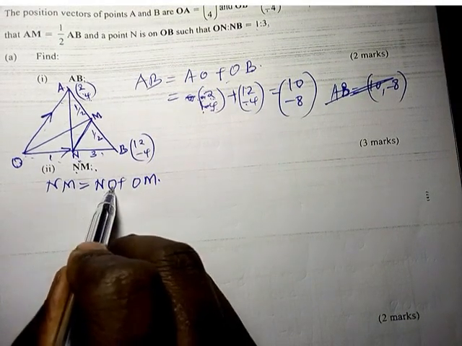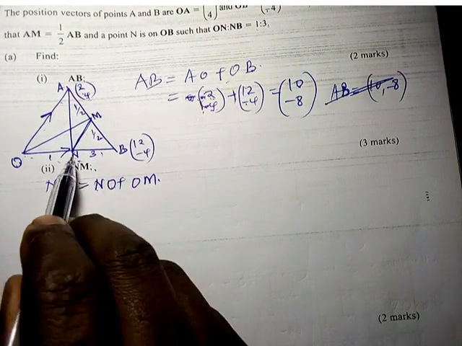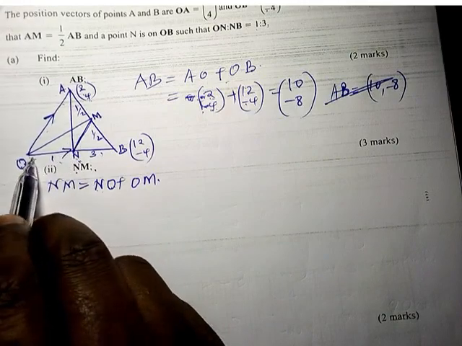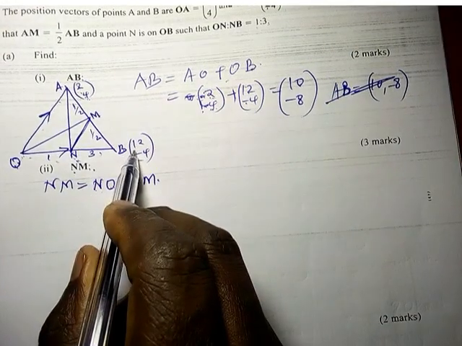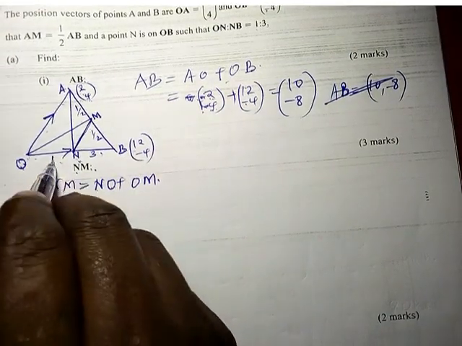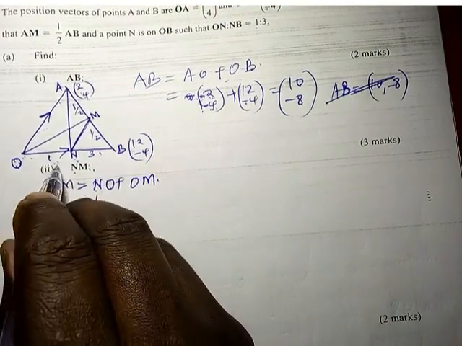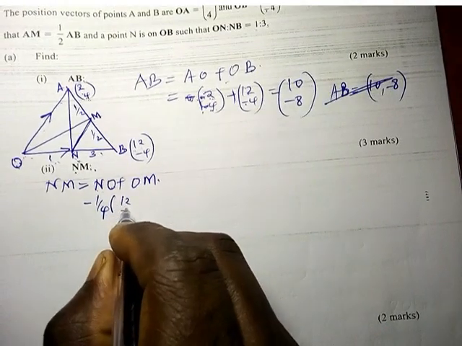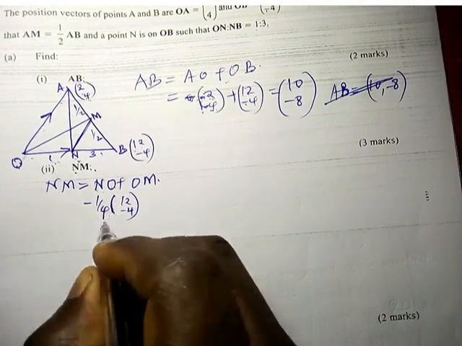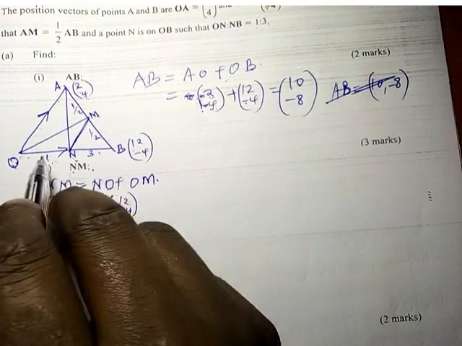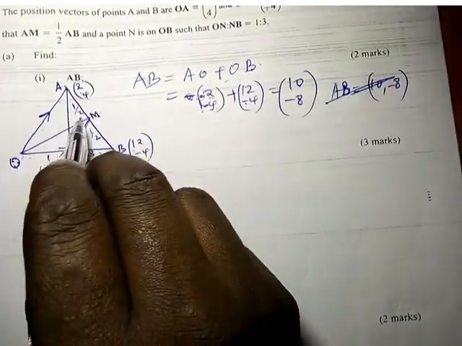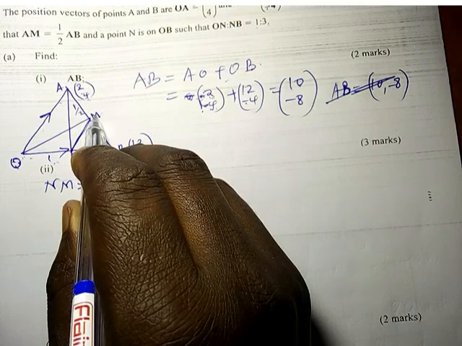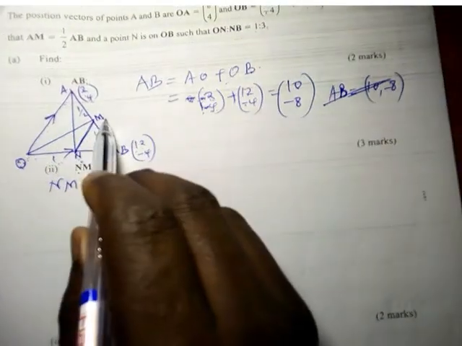But NO is the reverse of this. We are going against this arrow, so it's going to be negative. This is 1/4 times 12, negative 4. And then plus OM. So we need to get OM first. So how do you get OM?